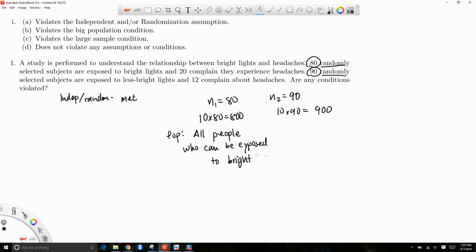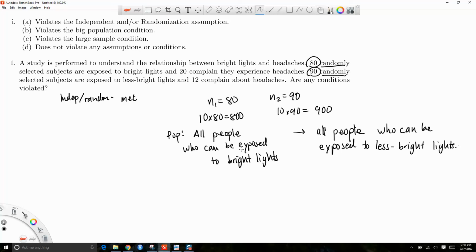So those populations are both going to be huge. So the big population condition is going to be met.